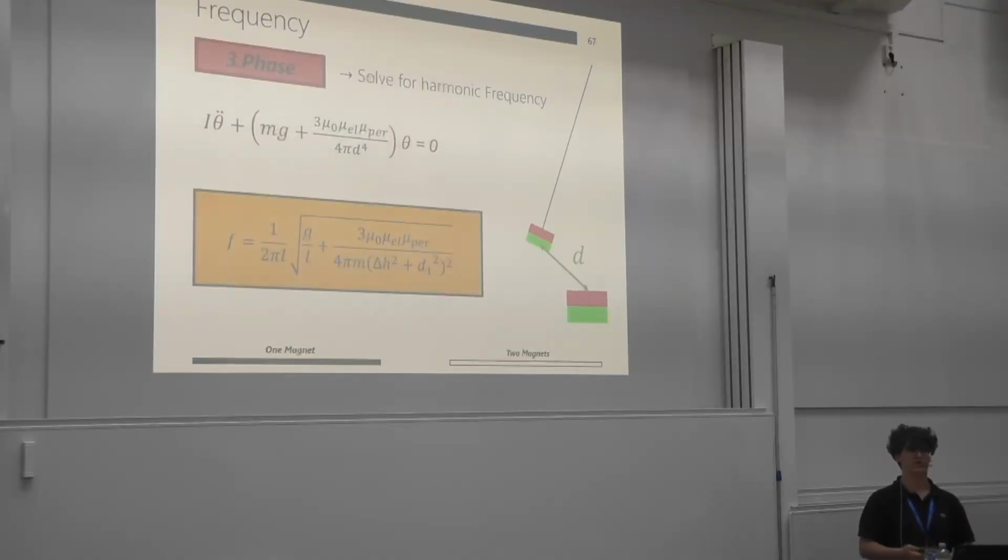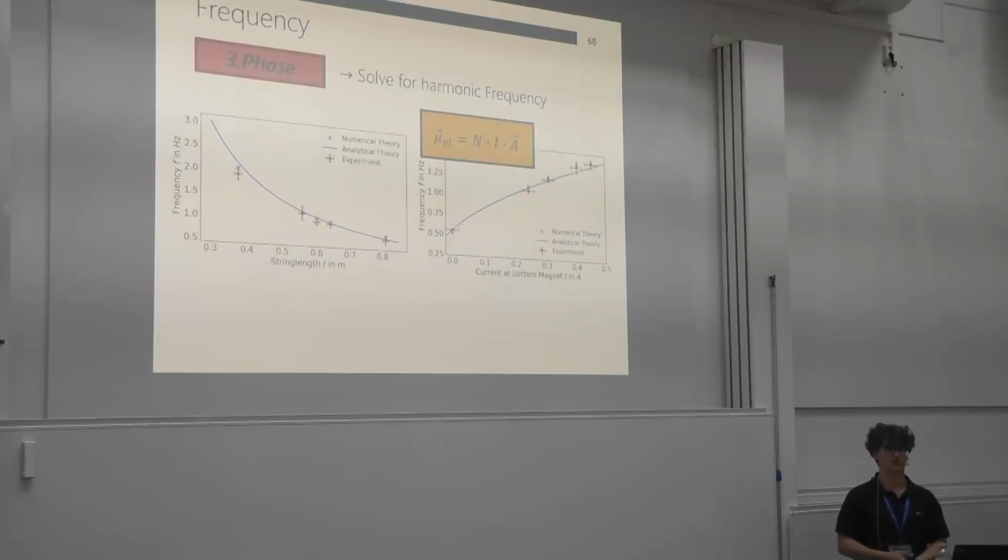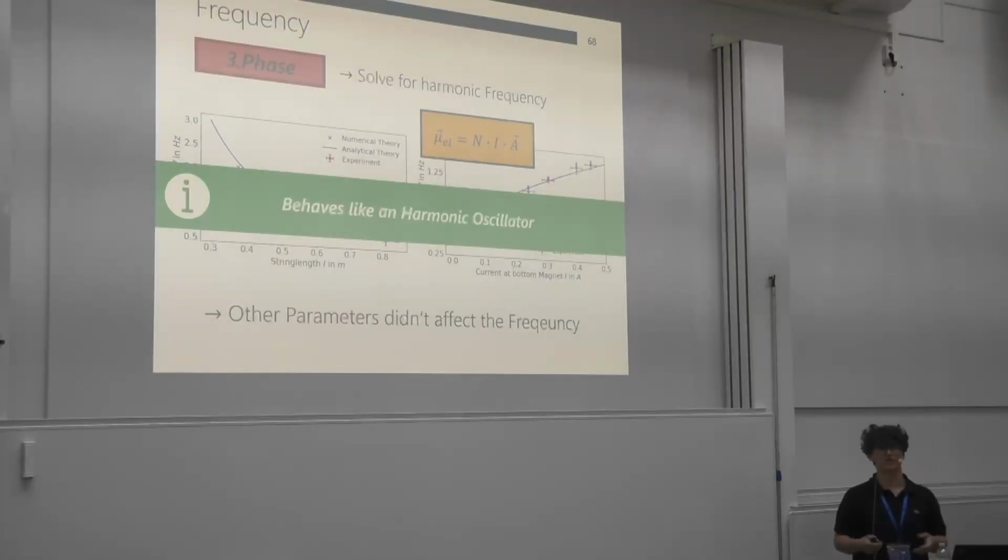We can then linearize this ODE and compare it to our measurements, where we can see that this analytical model agrees. So we can see that this is the magnetically dominated phase, and our numerical model again agrees very well for the frequencies. And again, this phase behaves like a harmonic oscillator.